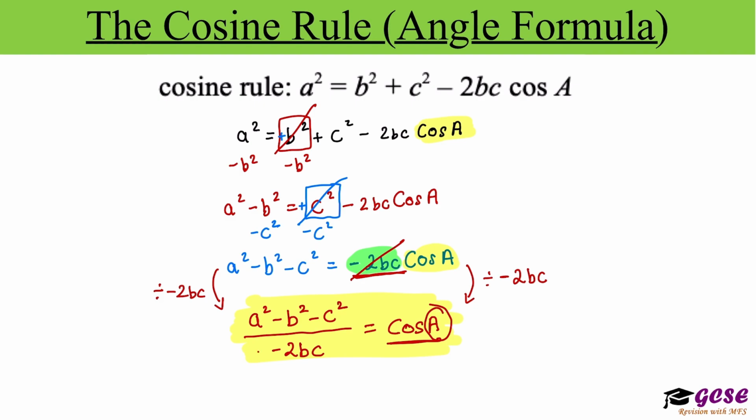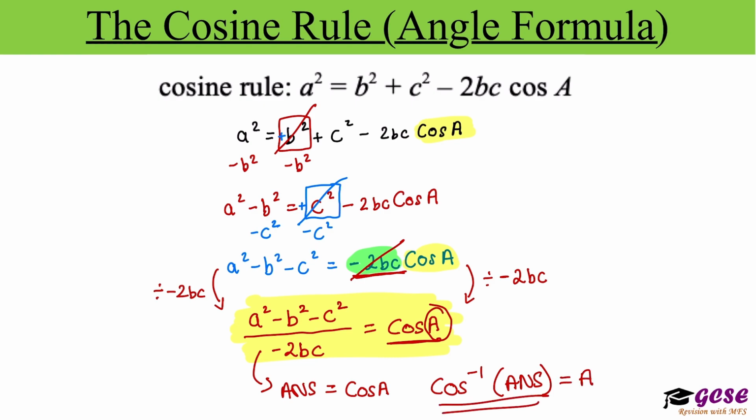Okay, so if we type this into our calculator, we will get an answer, and that will be equal to cos A. To get just A, you will need to inverse cos your answer. Okay, and that will get you just A.